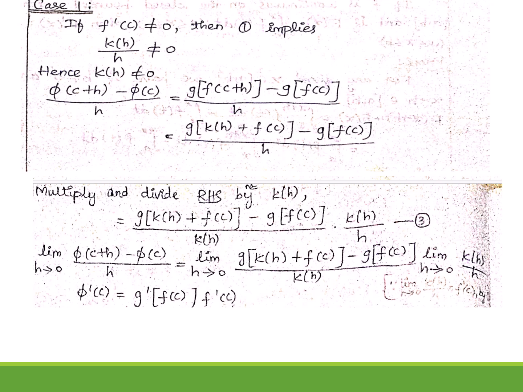Case 1: if f'(c) is not equal to 0, then equation 1 implies k(h) divided by h is not equal to 0, so k(h) is not equal to 0.